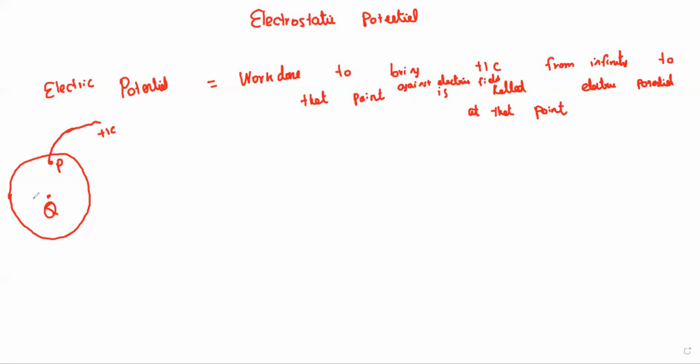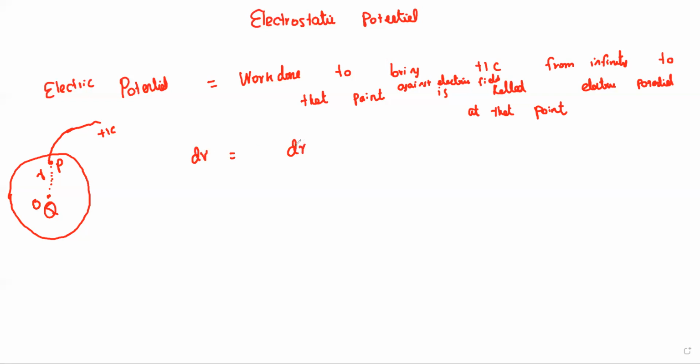Let the position of this capital Q be O, and the position of the plus 1 coulomb be P. If the distance between the source charge and the point charge is considered as R, then the electric potential can be defined as, to move a small distance dr, the amount of work done.